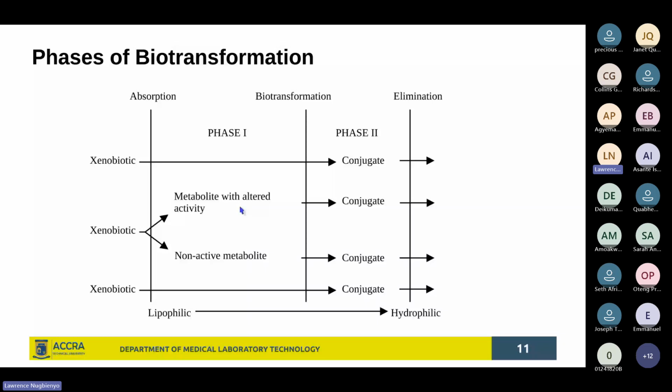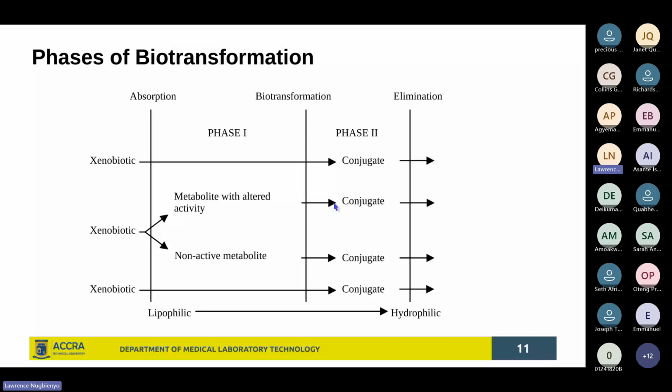Those substances can either be active or inactive before the substance goes to the second phase, which means that the metabolite now gets conjugated to another substance, making it hydrophilic, and gets excreted out of the body. Now, the last one you see is the same as what you see at the top. So it's either the xenobiotic goes directly to the second phase, which is conjugation, to get excreted, or it undergoes phase 1 reaction and also phase 2 reactions.